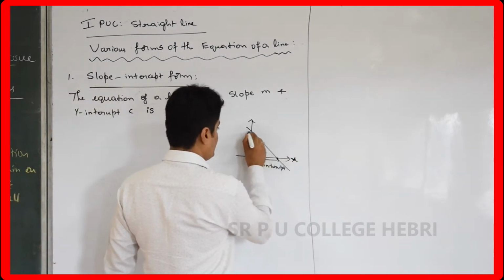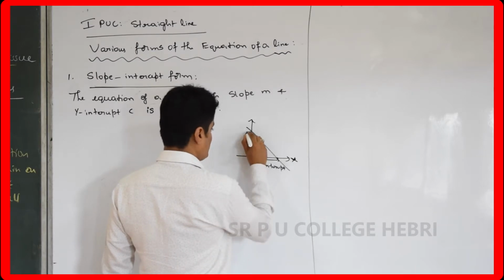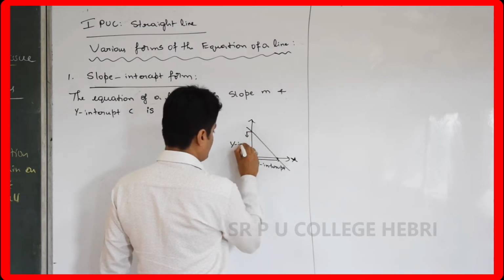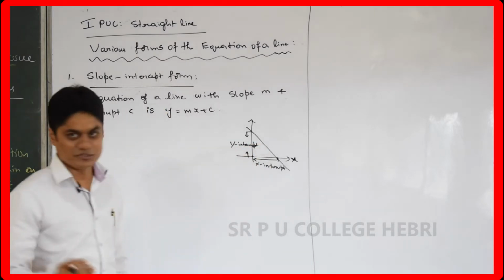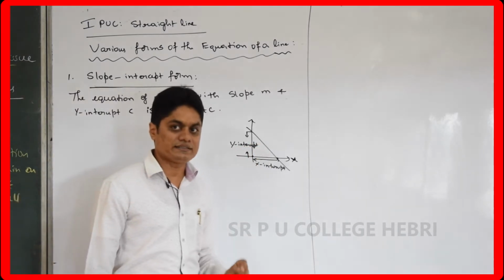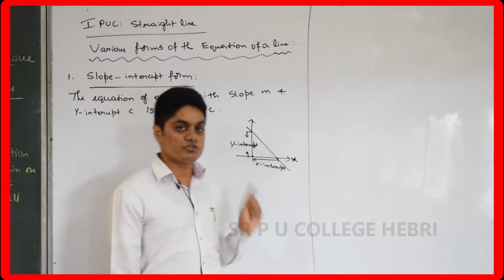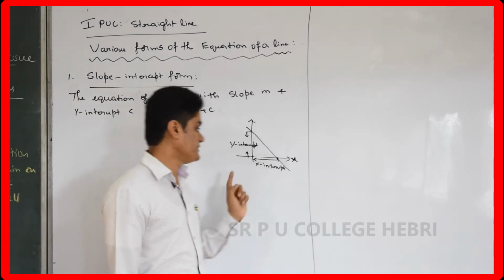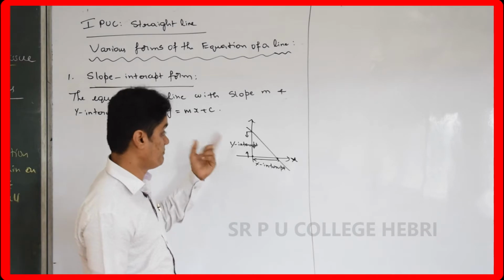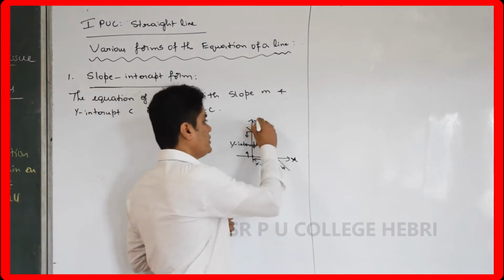Similarly, this distance is the y-intercept. So that concept is not defined separately, and it is easy to remember. If a line cuts the x-axis, then the distance from the origin to that point is known as the x-intercept, and the distance from the origin to the point where the line cuts the y-axis is known as the y-intercept.